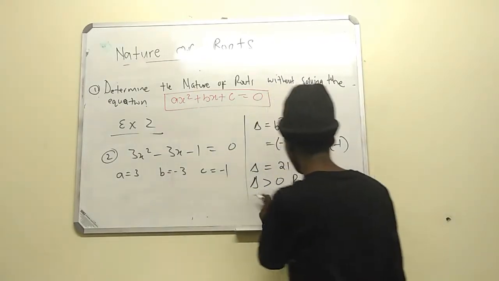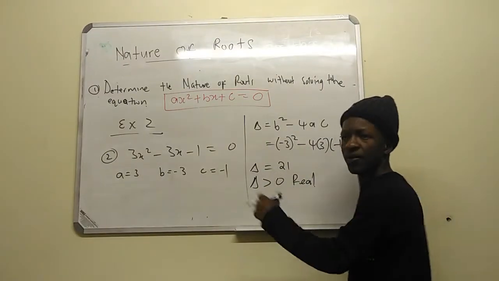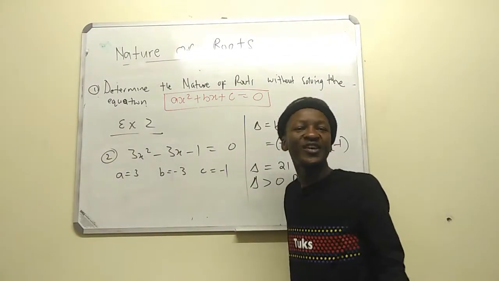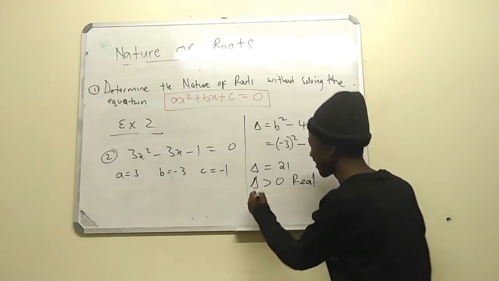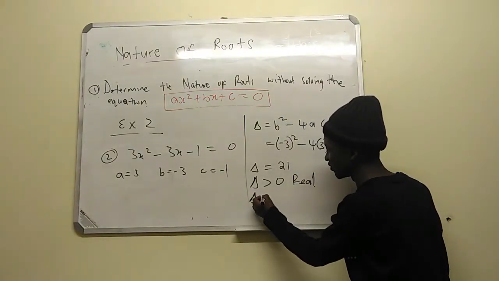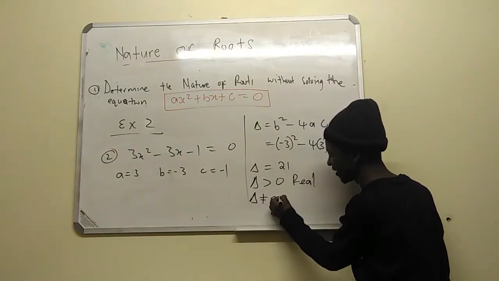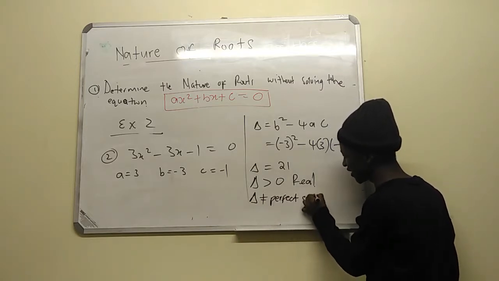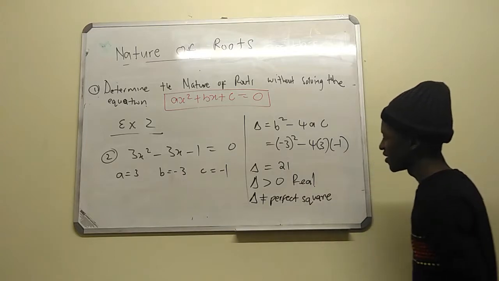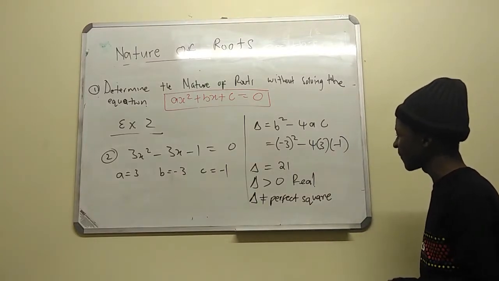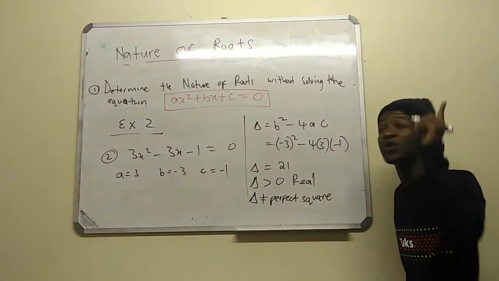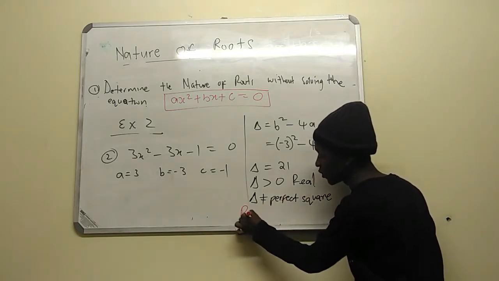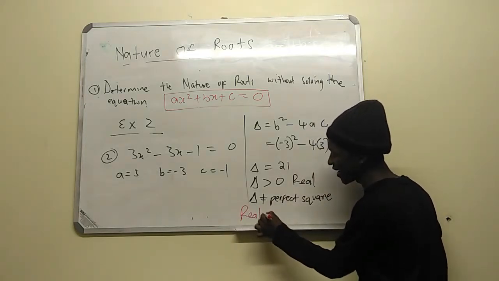Find the square root of 21. We cannot get the square root of 21, so this delta is not a perfect square. Since this delta is not a perfect square, the roots of this equation are real and irrational.